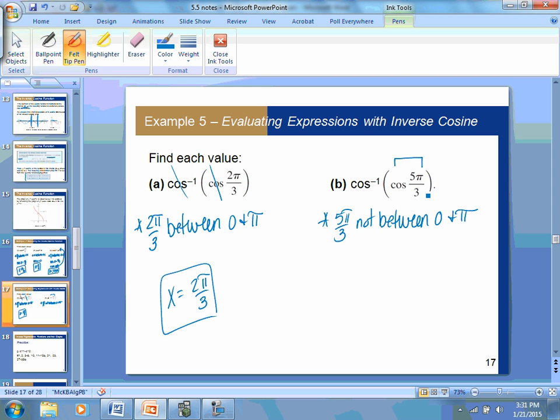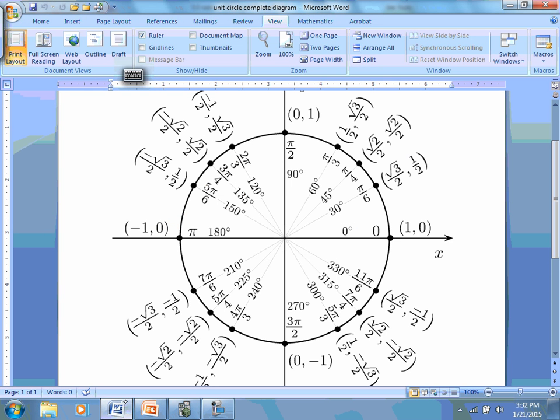So again, if you have this memorized, or if you're looking at your unit circle, you want to find 5 pi over 3. Think of what the terminal point is for 5 pi over 3. Think of what your x value is in that terminal point. Okay, 5 pi over 3. Here's my terminal point. The cosine value is 1/2.